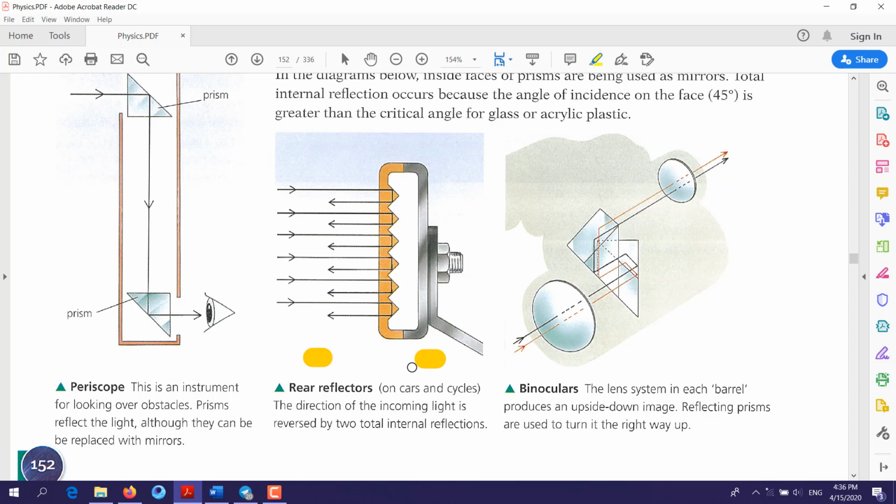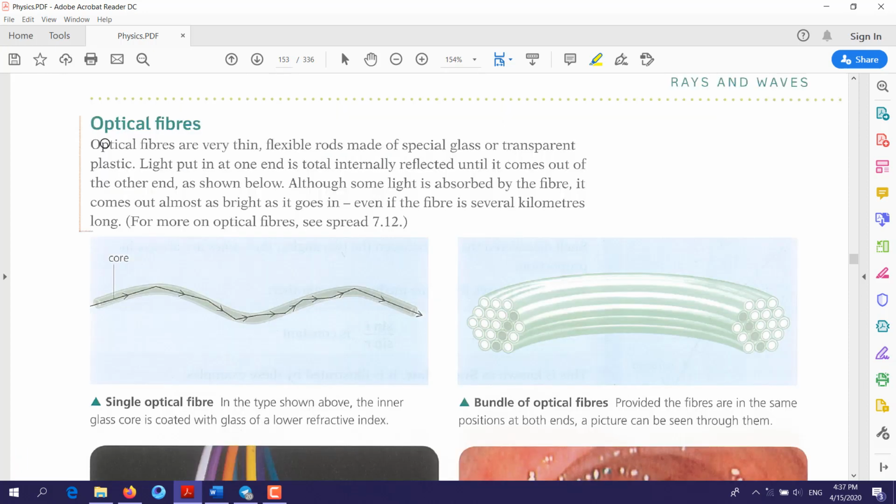So why? What happened? The inside of it is designed in this way. Here is the light ray that comes from the first car. It strikes the surface of this mirror, bends, and then is sent back. So this is total internal reflection. Optical fibers.